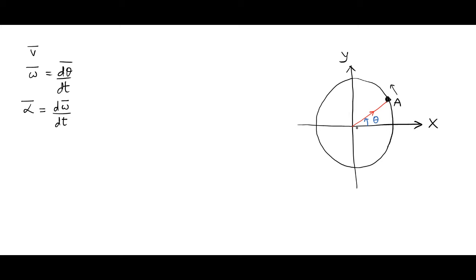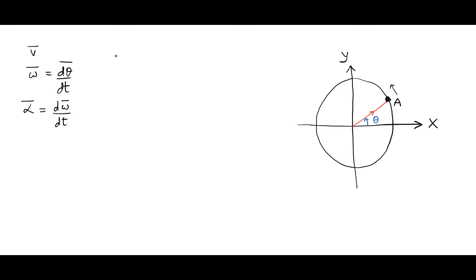So if you look at the diagram, then you have to imagine the z-axis which comes out of the plane of the screen. So omega bar and alpha bar would be along the z-axis, parallel to the z-axis, either with the z-axis or against the direction of the z-axis, but both of them would be parallel to the z-axis.